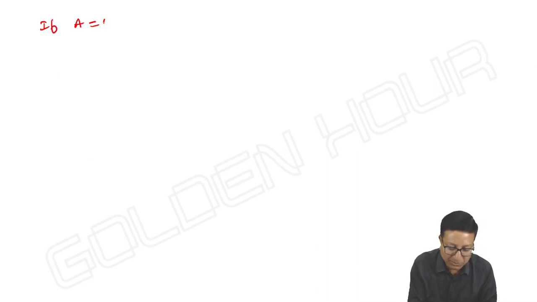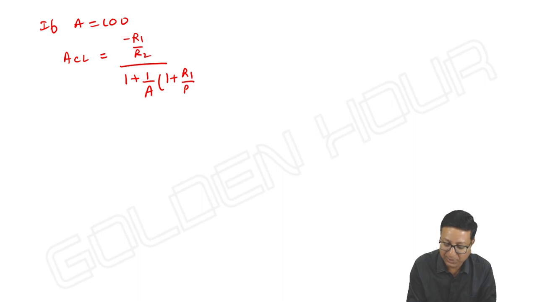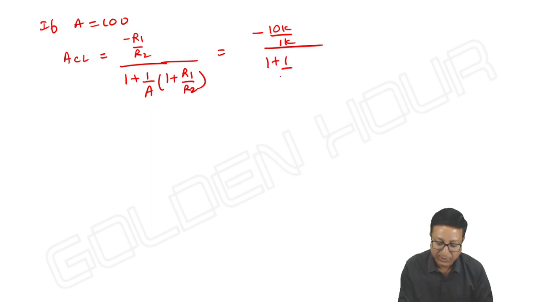Suppose the open loop gain A is equal to 100. Then what about the closed loop gain? It is minus R1 by R2 by 1 plus 1 by A into 1 plus R1 by R2. So it is minus 10k by 1k by 1 plus 1 by 100 into 1 plus 10k by 1k.